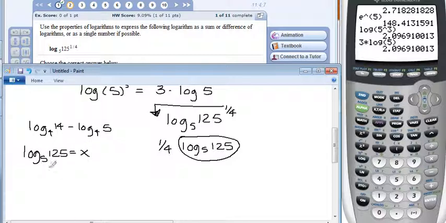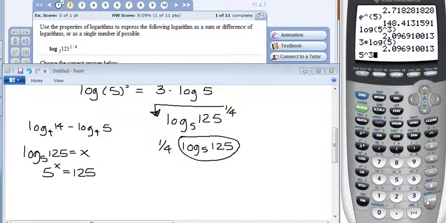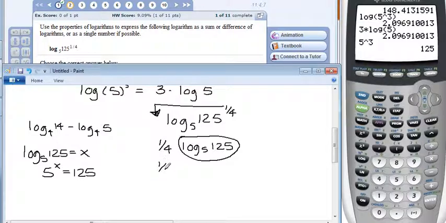As an exponent, we have 5 to the x power is equal to 125. 5 raised to some power is 125. Well, I know that 5 cubed is 125, so x has to be 3. So this whole thing right here is equivalent to 3. So we can say that this is 1/4 times 3, which is 3/4.